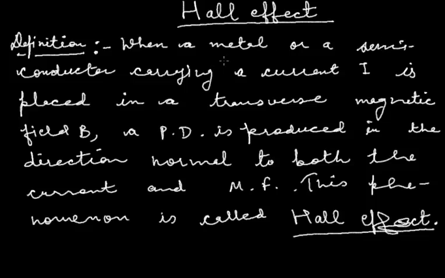Here is the definition. When a metal or a semiconductor carrying a current I is placed in a transverse magnetic field B, that is, when we place a specimen of metal or a semiconductor carrying a current I in a transverse magnetic field B, a potential difference is produced in the direction normal to both the current and the magnetic field.